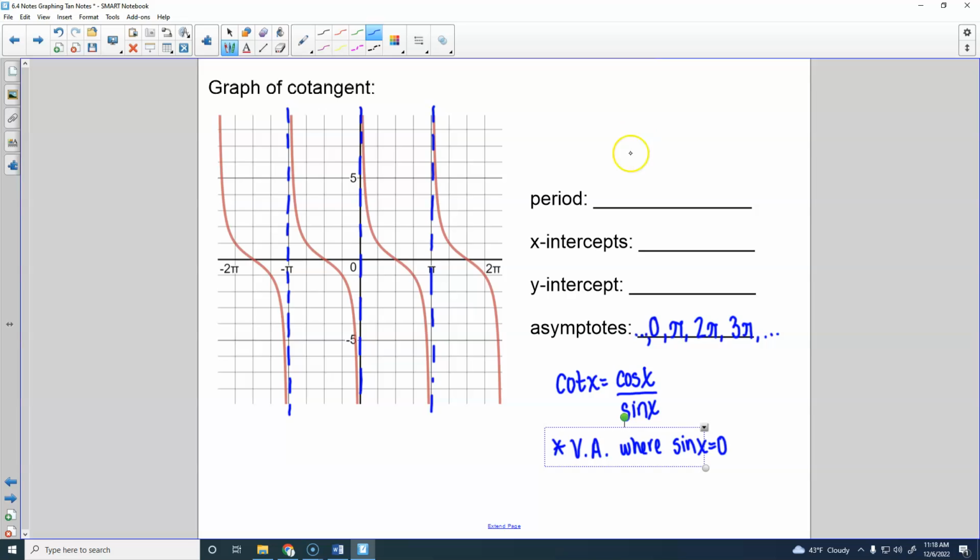The period for cotangent is also pi. Our x-intercepts are going to be at pi over 2, 3 pi over 2, and so on. You'll notice this is kind of like some of the pieces just switch here.